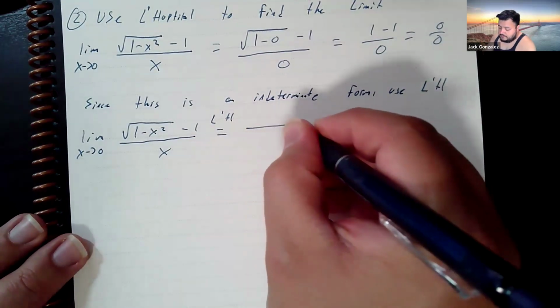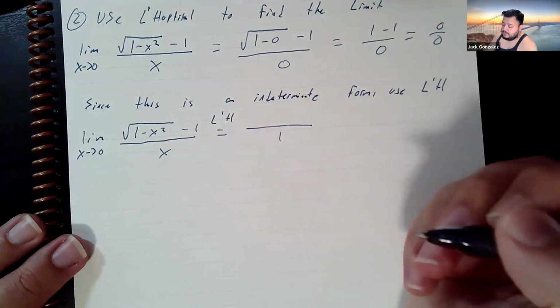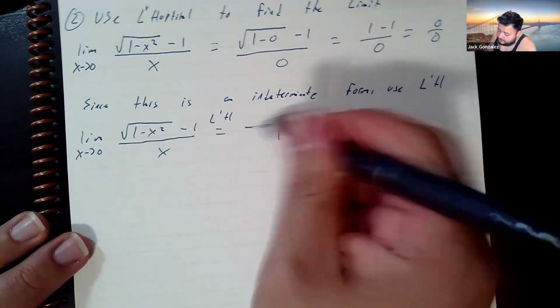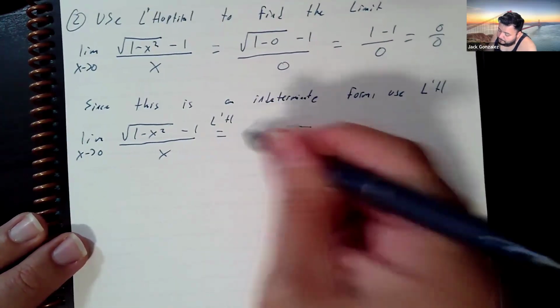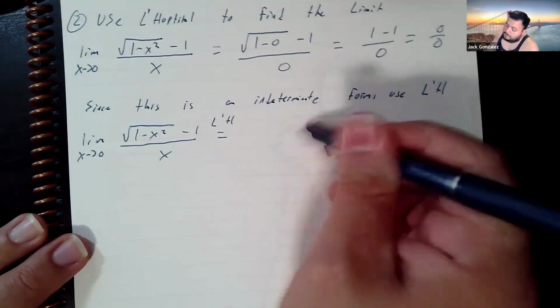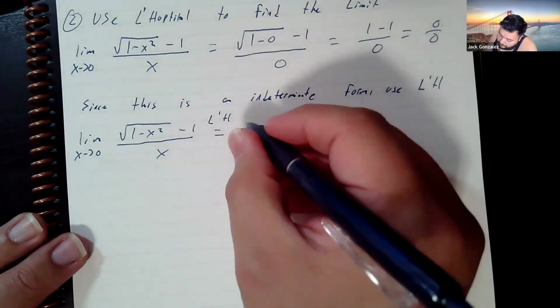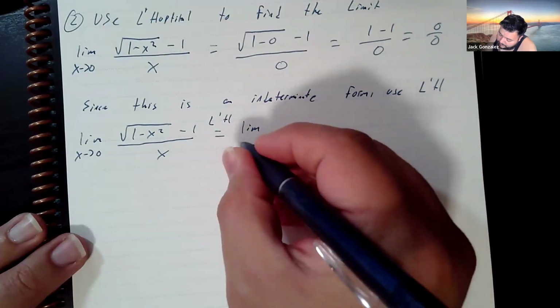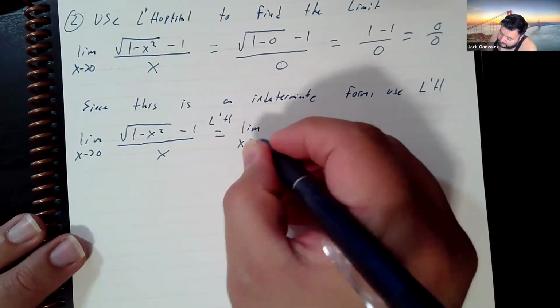So the derivative of the denominator is going to be, oops, I have to write the limit, shoot. You always write the limit notation until you take the limit.